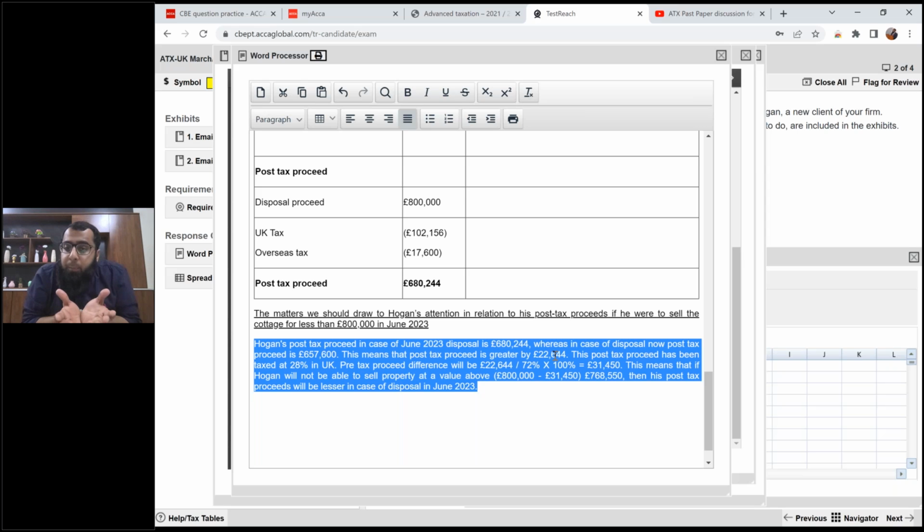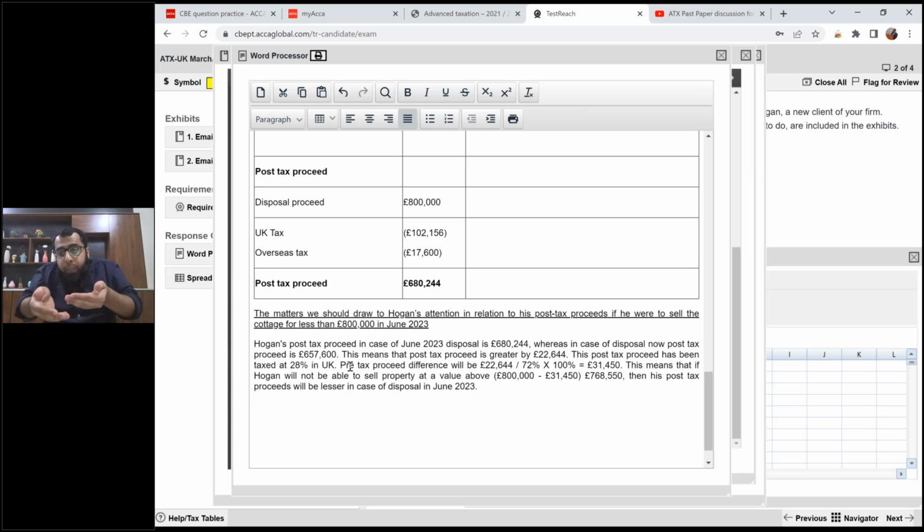Now this post-tax proceed of 22,644 is facing a total tax of 28%. If we are paying any overseas tax, it is adjusted in DTR. The total tax is 28%. We are not paying anything more than 28%.